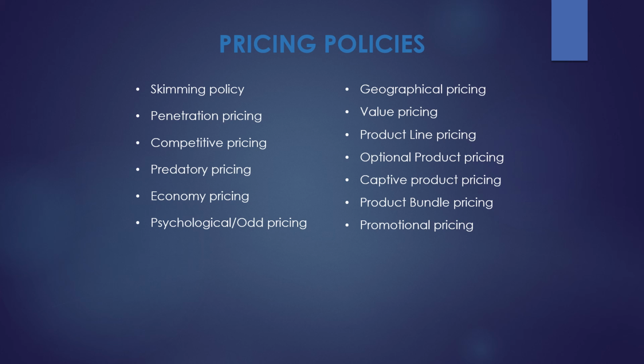Product line pricing. So product line means setting price for a group of product items. For example, spices. Spices like cardamom, ginger, garlic, okay, sesame or poppy seeds, etc. So these are types of spices or lavang, okay. So these are different spices.